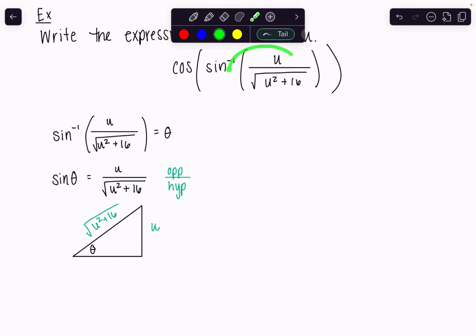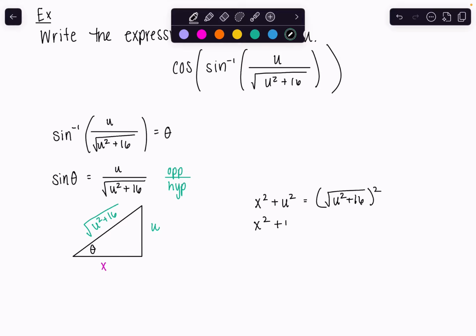This inside again is just going to be the angle theta. So if I want cosine of theta, I need my adjacent side over the hypotenuse. I just need to figure out what x equals. Using the Pythagorean theorem, x squared plus u squared is going to equal the square root of u squared plus 16, squared.